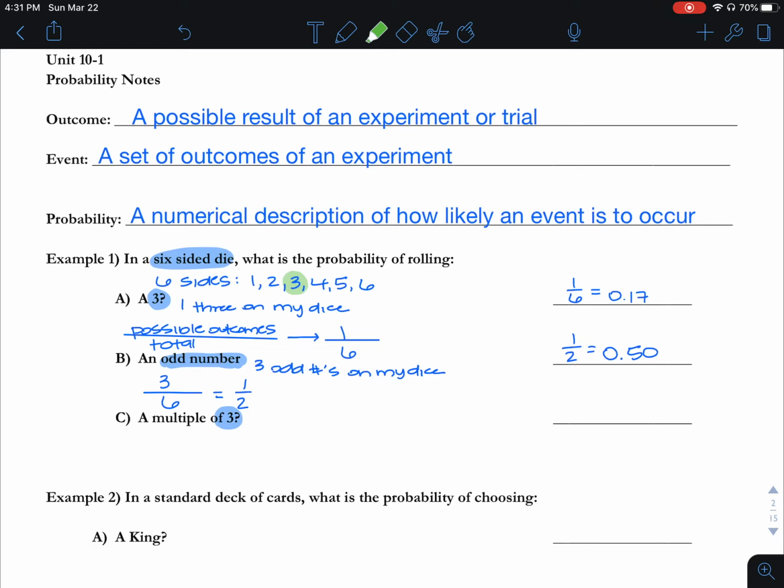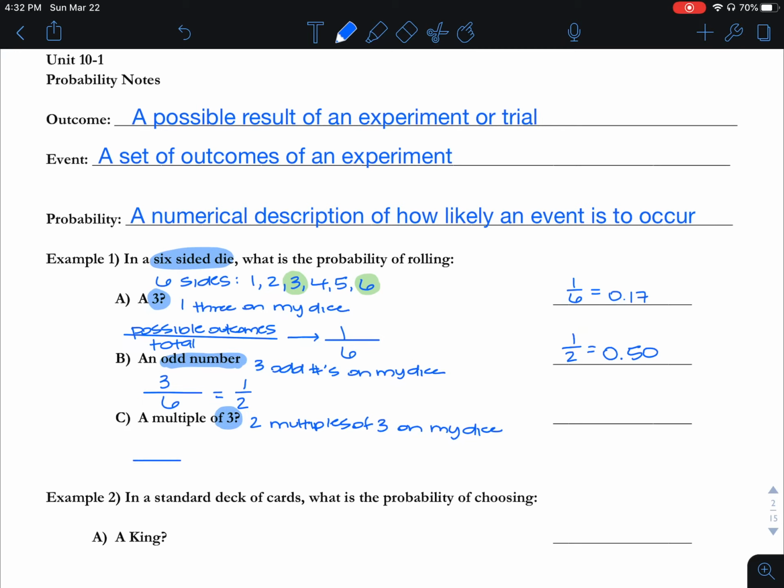So there's one of them. Let's talk about 4. 4 divided by 3, not a nice neat number. 5 divided by 3, not a nice neat number. And then 6 divided by 3, which gives me 2, that is a nice neat number. So in this case, now I have 2 multiples of 3 on my dice.